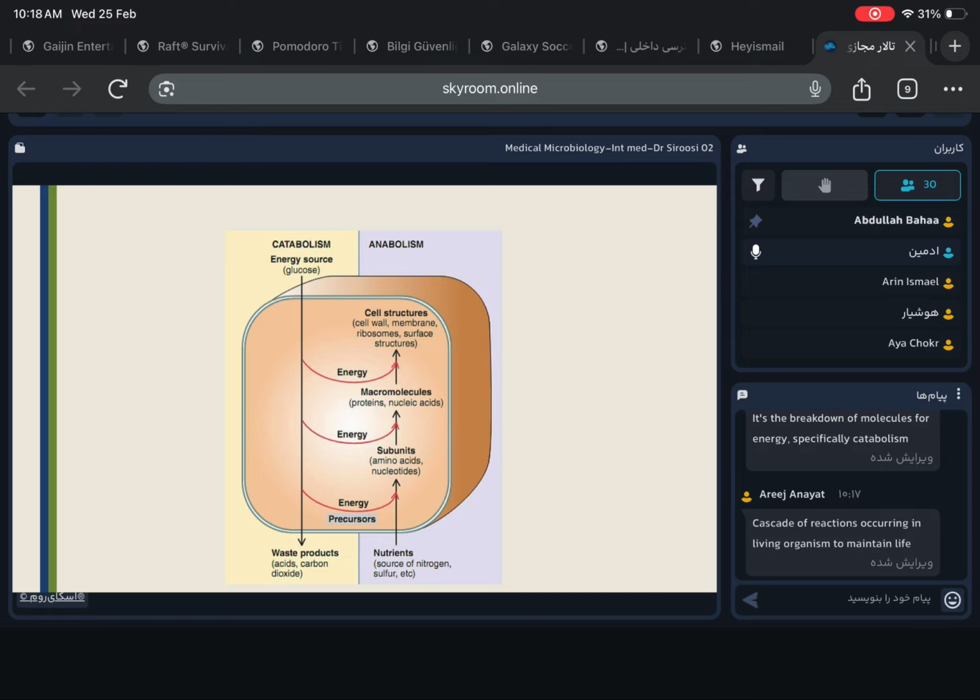So the glucose is broken down during catabolism, and as you can see, the energy is released, and the energy is used in anabolism. The energy is used to synthesize the subunits, the macromolecules, the cell structures. All of these processes need energy, and the energy is coming from catabolism.